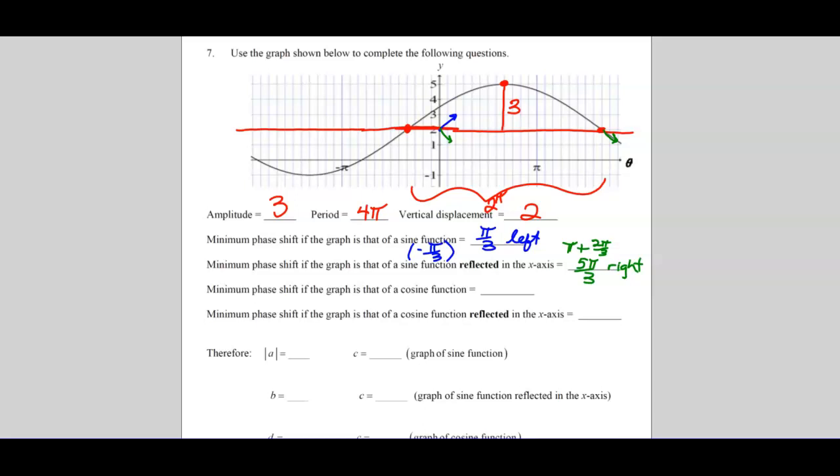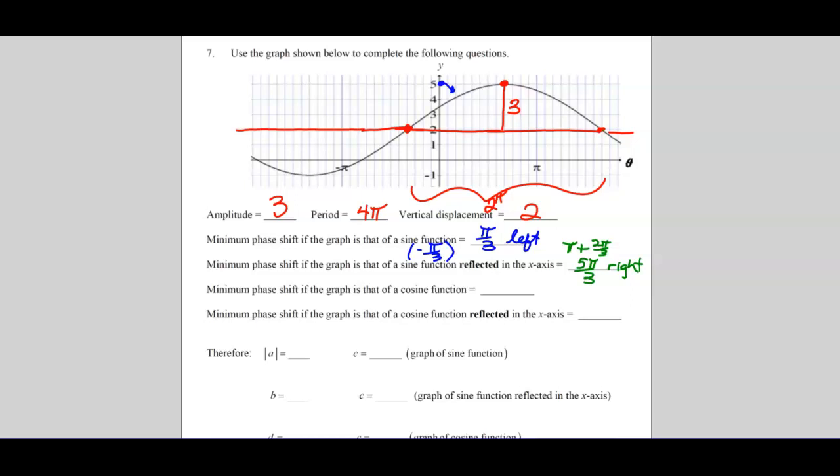Just going to erase that one. Okay, so now for cosine, minimum phase shift for the cosine function. If we've done the stretch vertically and the translation, it would be at a maximum on the y-axis and going down without a horizontal translation.